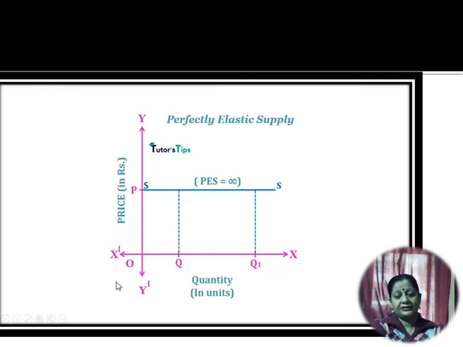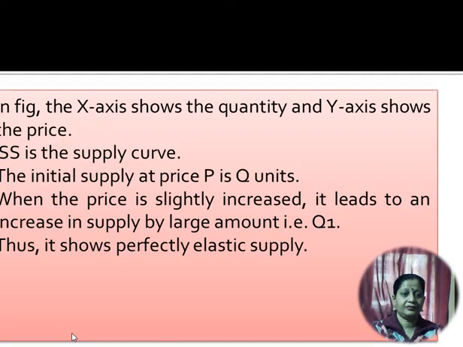Perfectly elastic supply: we have price on the y-axis and quantity supplied on the x-axis. So here you can see a horizontal line which represents the supply curve, and this situation is known as the perfectly elastic supply. In the figure, the x-axis shows the quantity and the y-axis shows the price.